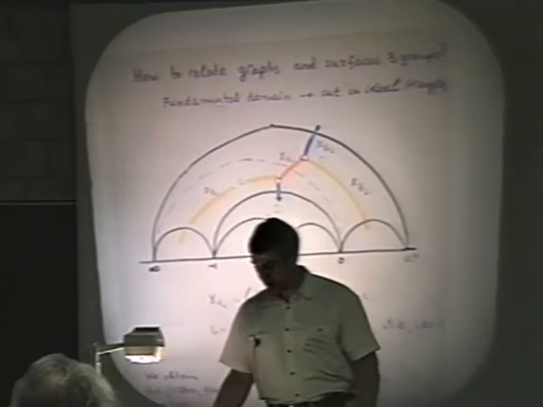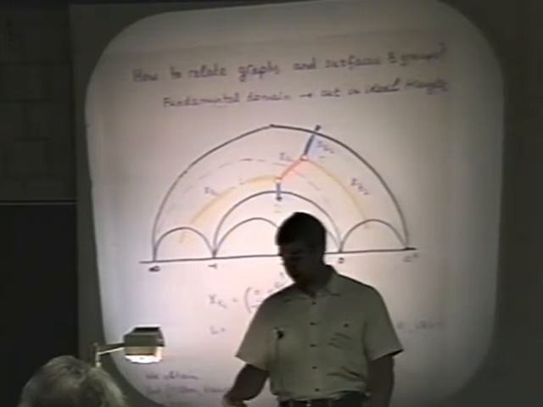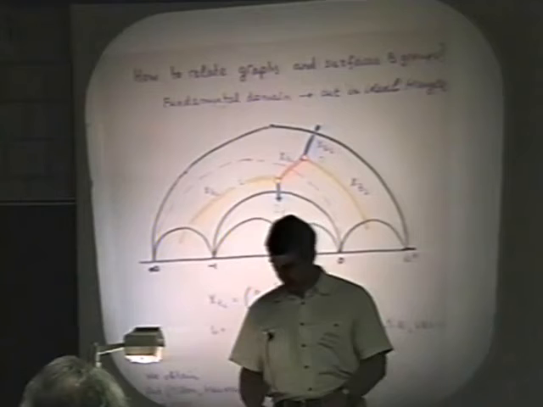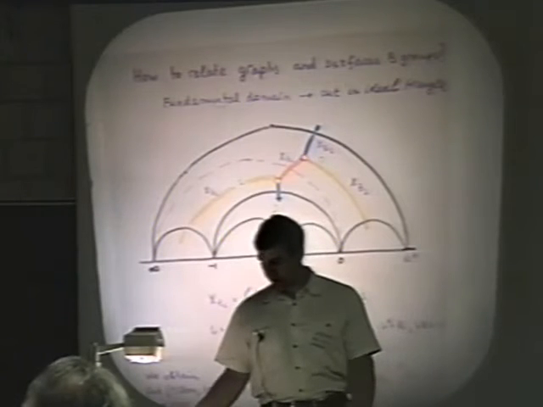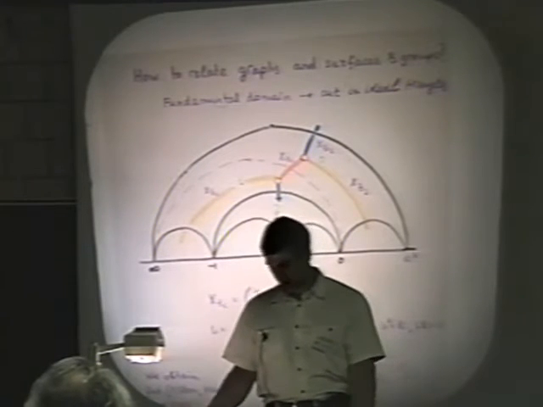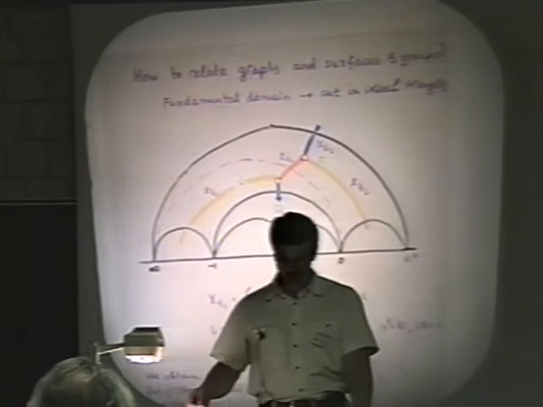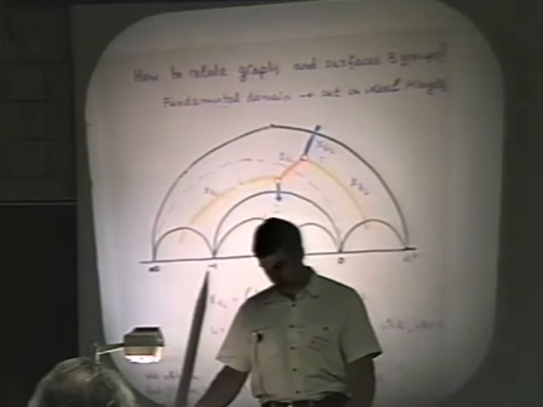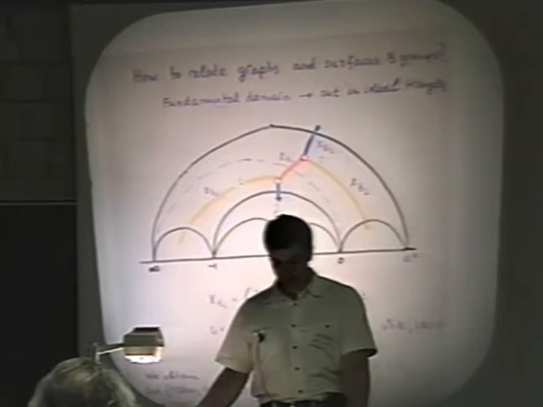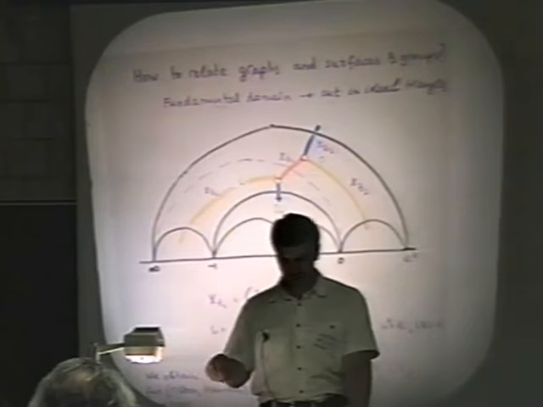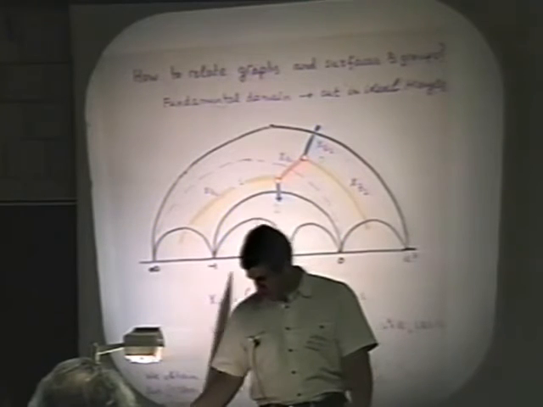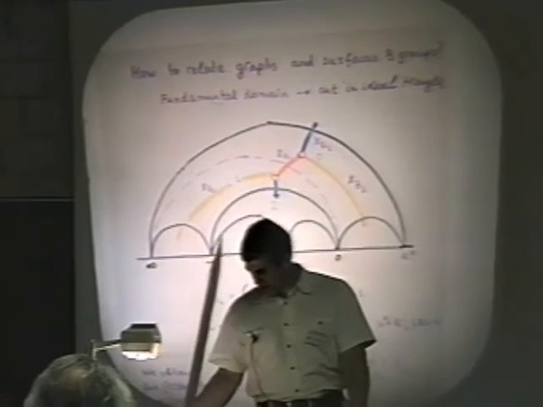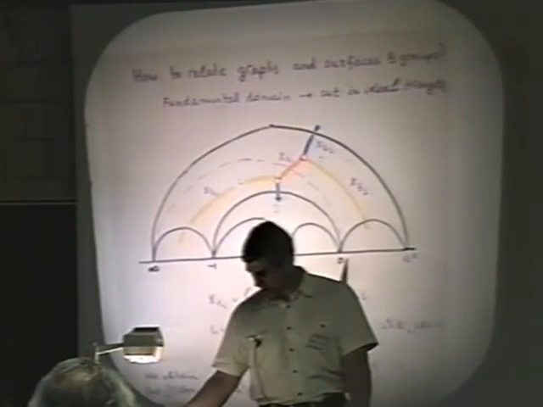And let me just say a few words about how to actually relate graphs and surfaces. For this, let me consider again the same simplest example. It is even simpler, because here we have a torus with one puncture, not just one boundary component, but just a puncture.